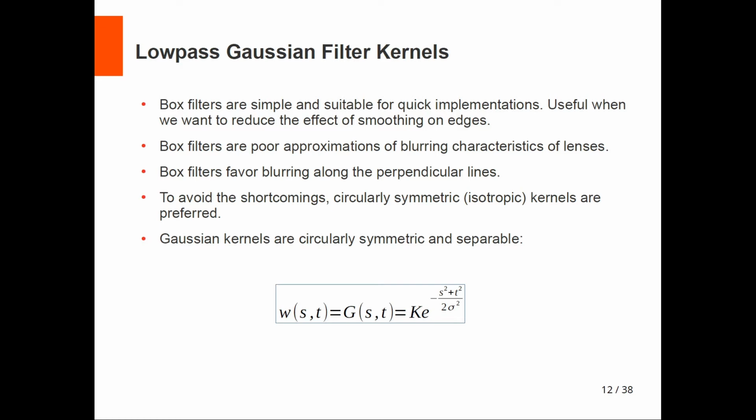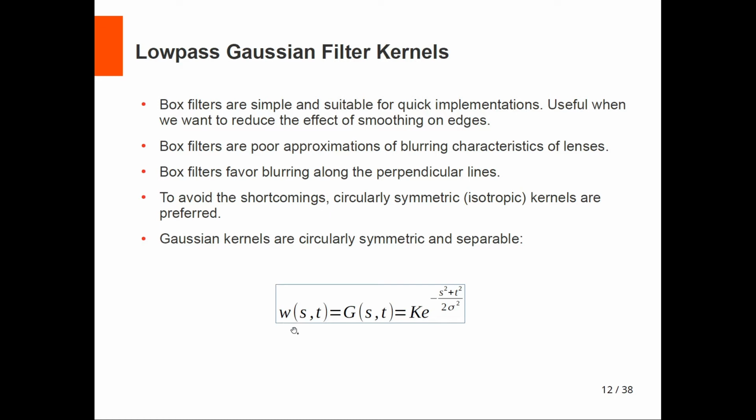So that means that they have preferences in terms of the directions of the edges or the features that they smooth. To avoid these shortcomings, it's better to use circularly symmetric or isotropic kernels, which means that no matter how much you rotate the kernel, you still get exactly the same result. One of these types of kernels is the Gaussian kernel, which is not only circularly symmetric, but also separable. So the general definition for a Gaussian kernel is something like this.